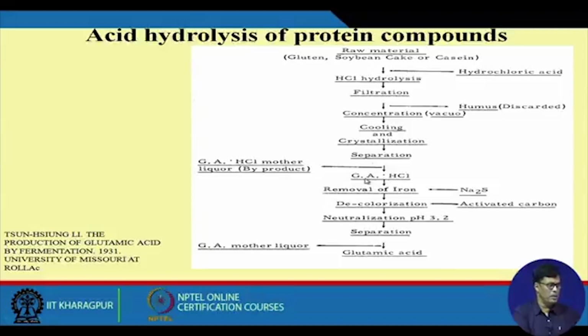We get glutamic acid hydrochloride crystals. In the HCl mother liquor you can make a solution, then add sodium sulfide for removing the iron, then we add activated carbon to remove the color, and then we adjust the pH to 3.2, and then we separate the glutamic acid from the mother liquor. That is how it is done.